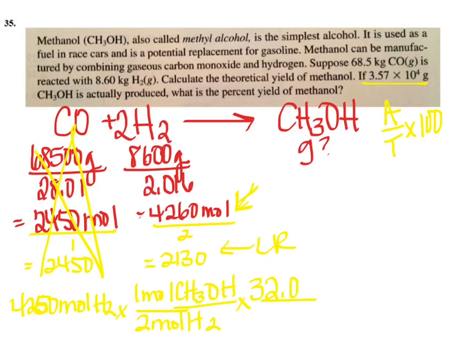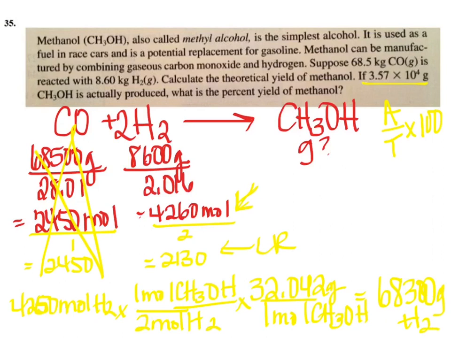Did y'all get 32.042 grams per 1 mole? So to 3 sig figs, I got 68,300 grams. Theoretically, we can get 68,300 grams of CH3OH.